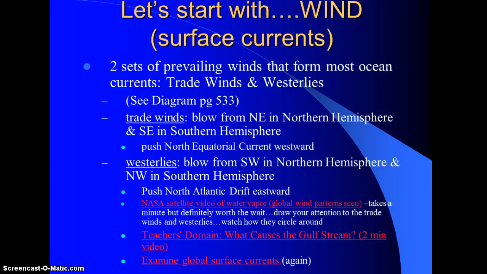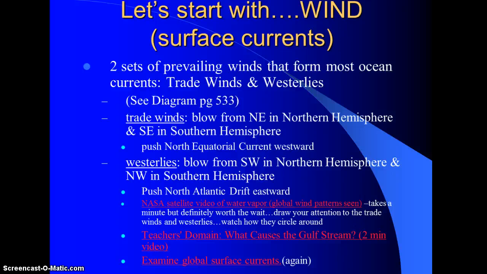Now the westerlies are named for where they're coming from, so they're blowing from the southwest in the northern hemisphere and the northwest in the southern hemisphere. So they're from the west. Trade winds are from the east, so trade winds are also called the easterlies. I will refer to them as the trade winds primarily.